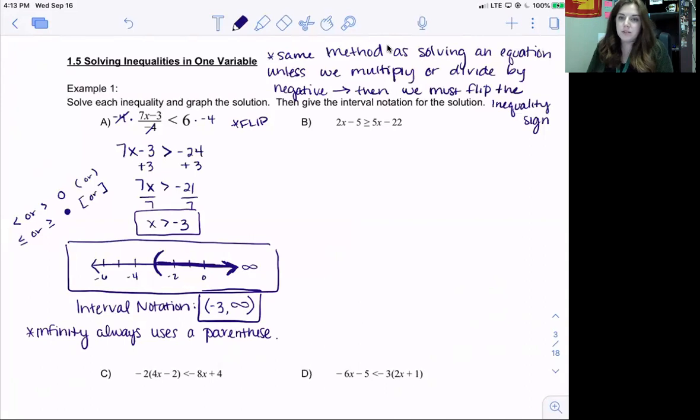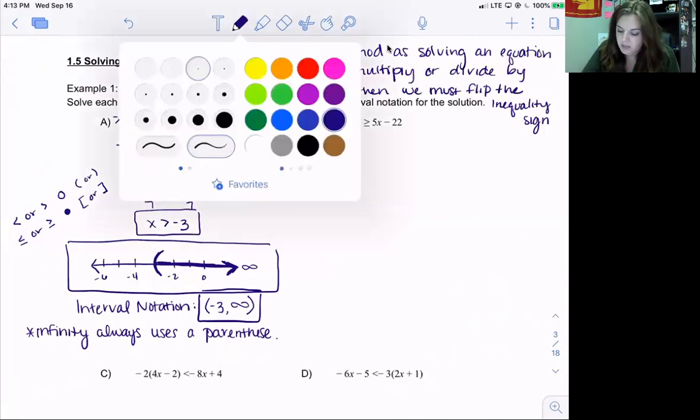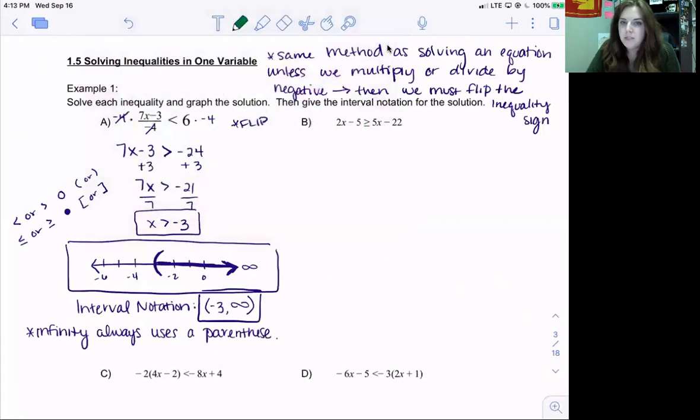All right, so now let's look at B. We have 2x minus 5 is greater than or equal to 5x minus 22. So I always like to move my x's to the left with inequalities. So I'm going to start off by subtracting our 5x. And 2x minus 5x is negative 3x, minus 5 is greater than or equal to negative 22.